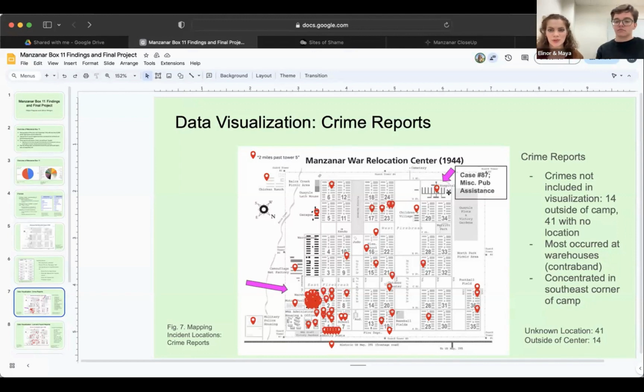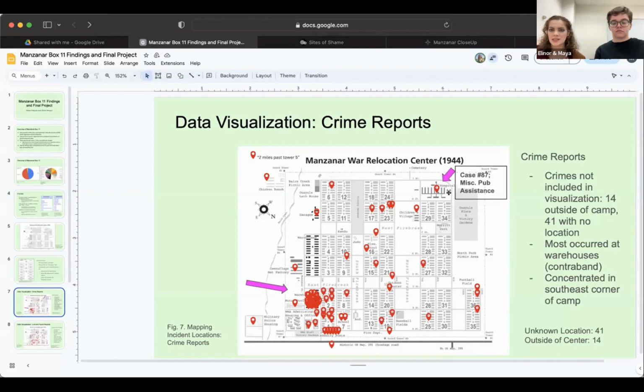It's not downloadable, unfortunately. We also, in terms of the contraband cases, just returning to this idea of criminalization, a lot of the things that were taken were knives, hatchets, cleavers, and because they were wrapped up in these crime cases, you think of them as weapons, when in reality, these were tools being used for labor.